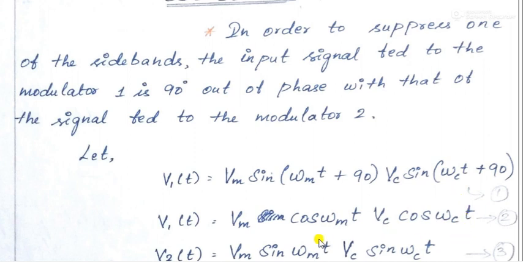Next, V2 of t, that is modulator 2, is Vm sin omega m t. This is the amplitude of the signal and this is the amplitude of the carrier signal. This is the signal to be transmitted in AM.